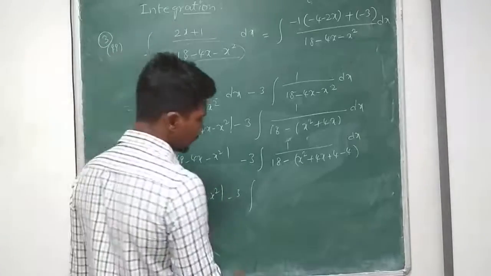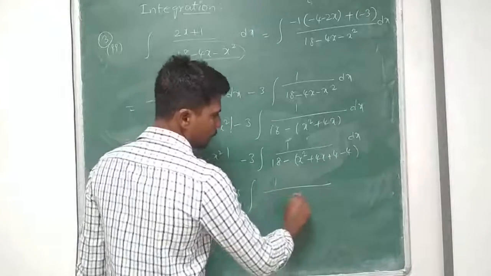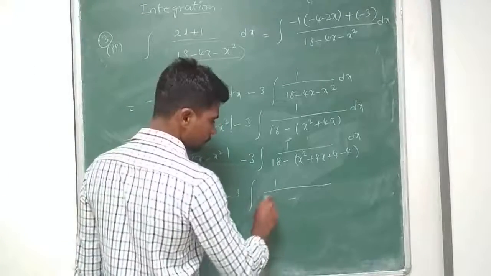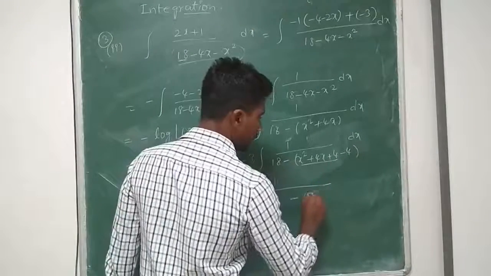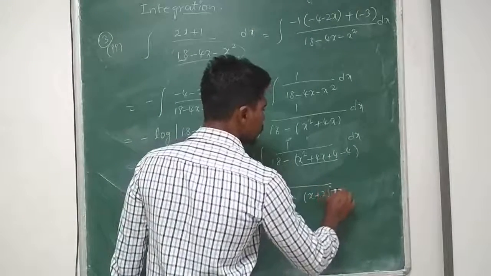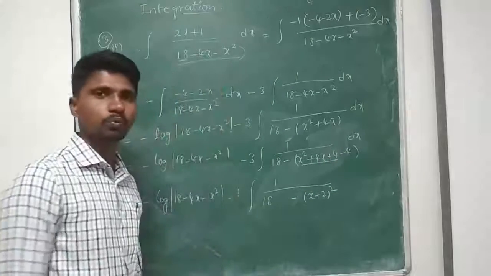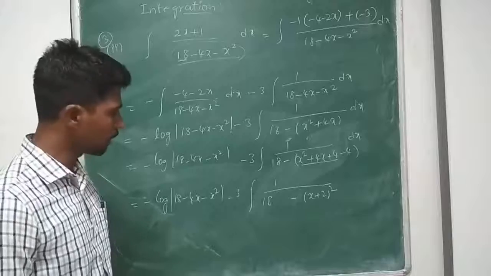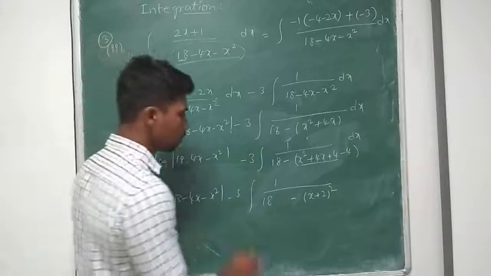Minus 3 into 1 by, minus of, I have here 18, minus of this particular form can be written as x plus 2 the whole square minus of minus 4 plus 4. If I add plus 4 to this, I get 22.